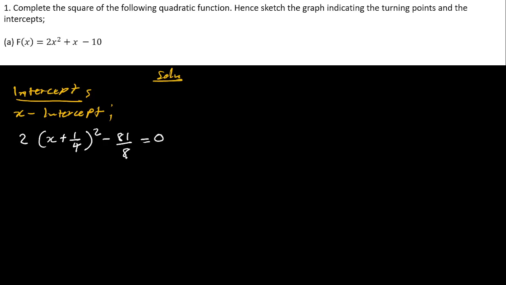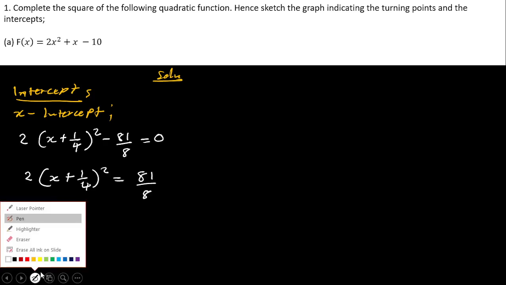Negative 81 over 8 will go to the other side. So you're going to have 2 open brackets x plus 1 over 4 squared, and this one will be 81 over 8. Then your next step is simply dividing throughout by 2.